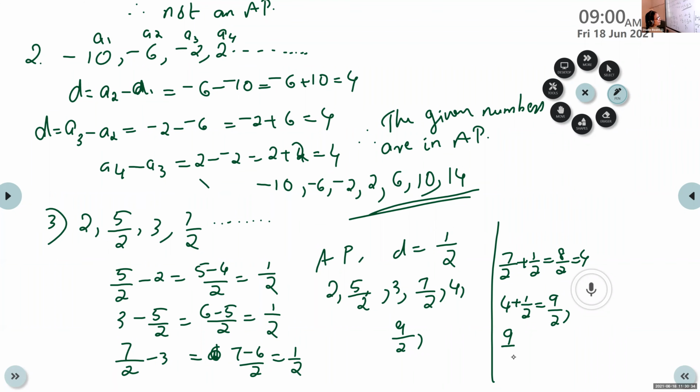Then 9 by 2 plus 1 by 2 is 10 by 2, that is 5. So the next three terms are 4, 9 by 2, 5.